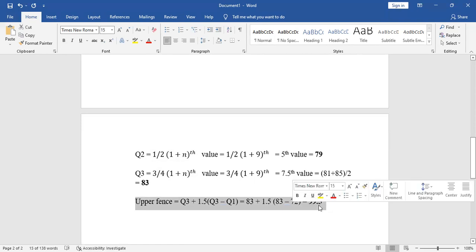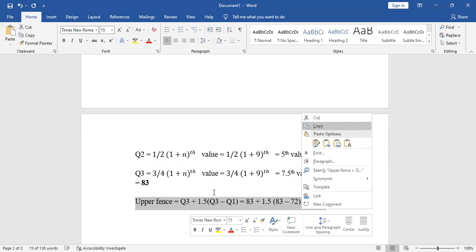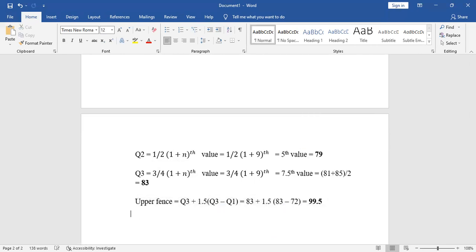And I can get my lower fence now. My lower fence is Q1. Instead of saying plus there, I'll say minus because I want it to be small. And then 1.5 multiplied by the interquartile range, which is Q3 minus Q1.